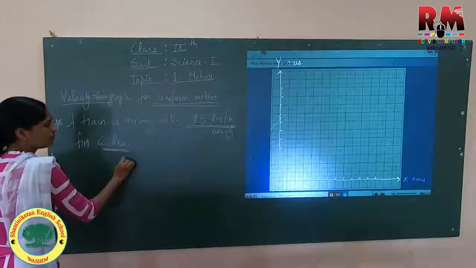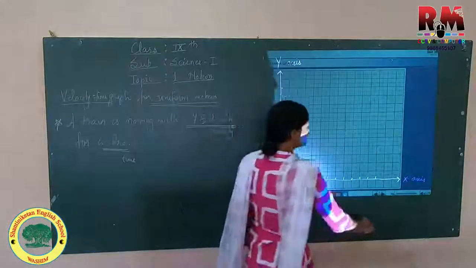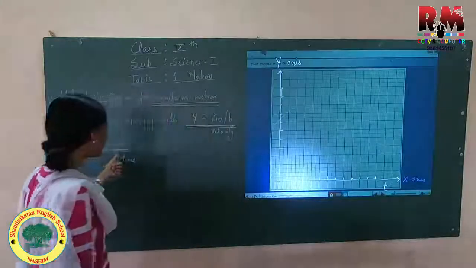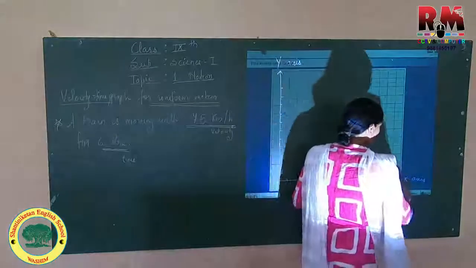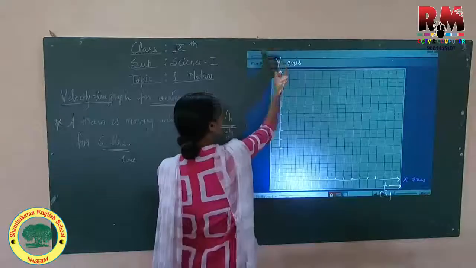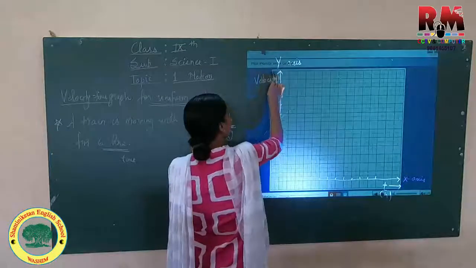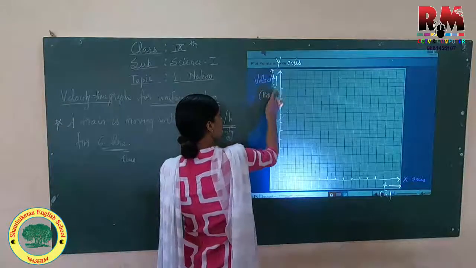So this is time, and you know that time is given on the x-axis. Here time is in hours, so the unit is hour. Here velocity is given, in kilometer per hour.